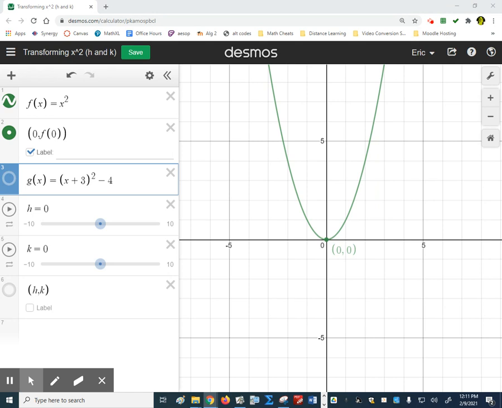Type it in chat. What do we do there? When I turn g of x on, what's it going to do to the green graph?